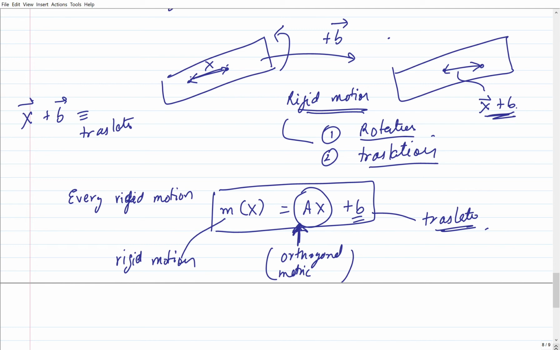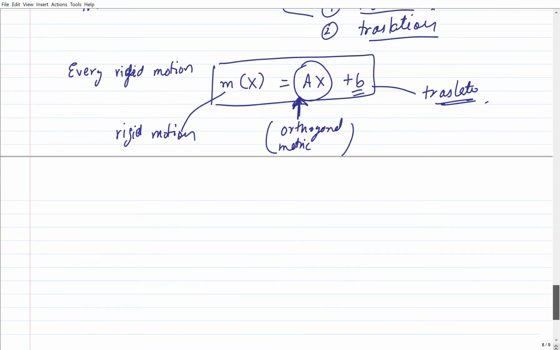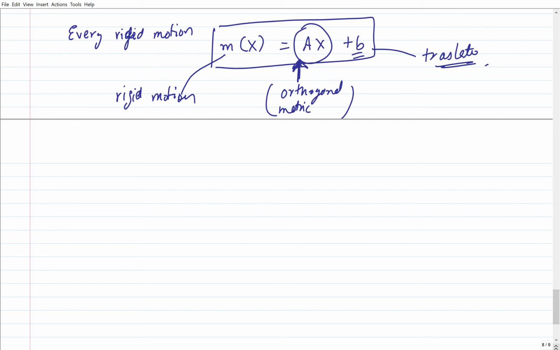That is one of the central messages. They've gone about proving it, but more than the proof, the central message is more important. And how do we then define the connection between a rotation and a rigid motion? For that, there's a proposition.